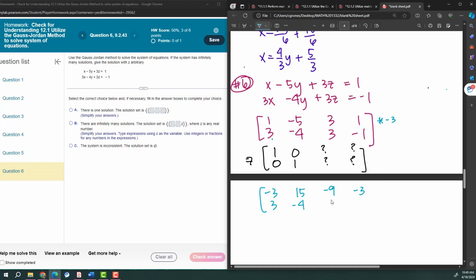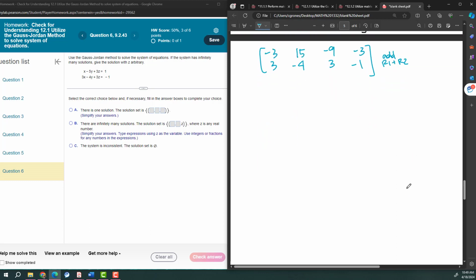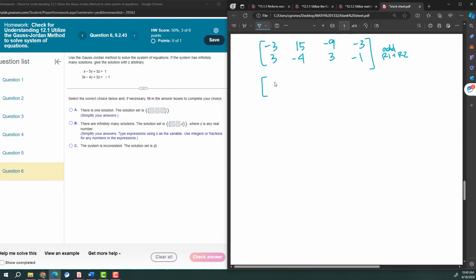And then we'll have our second row. And we are going to add row 1 and row 2. And we get 0. 15 minus 4 is 11, -9, and then 3 is -6, and then -3, -1 is -4. Okay.